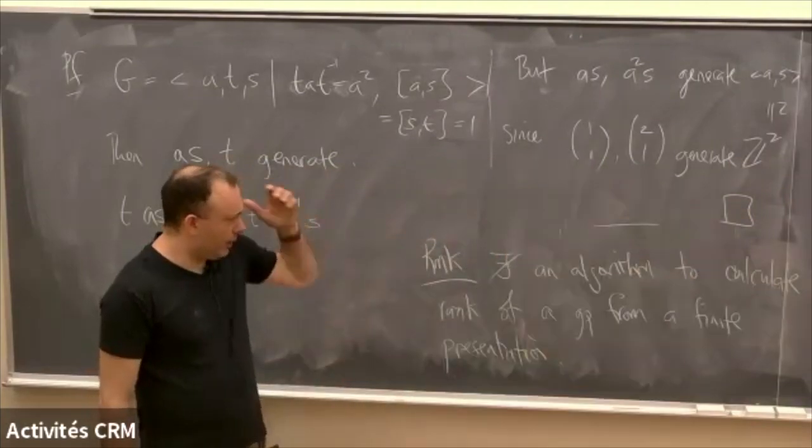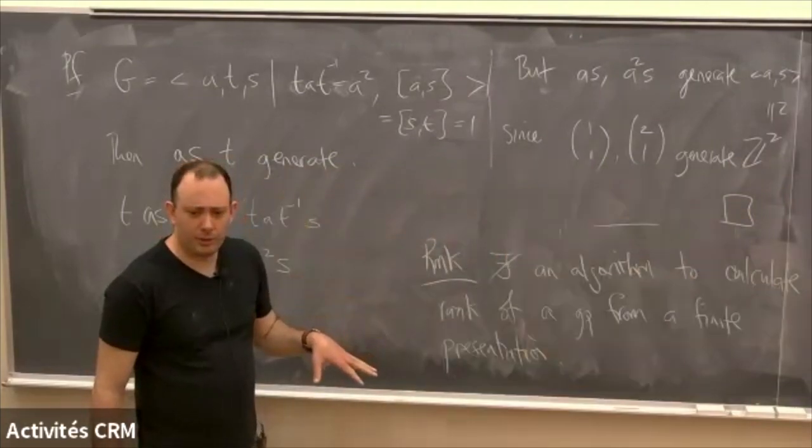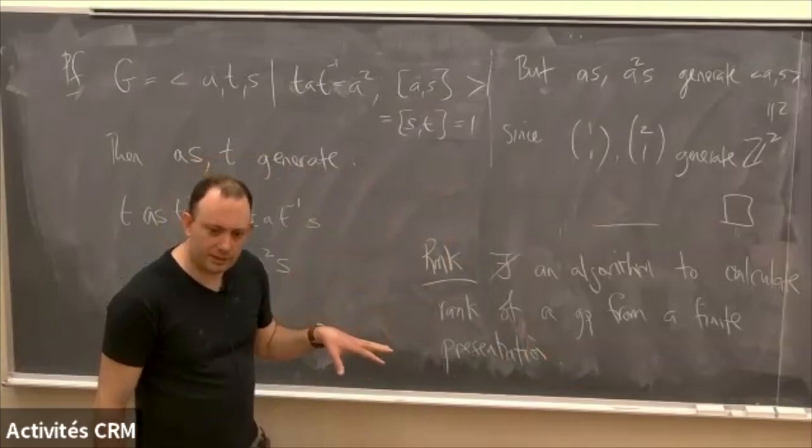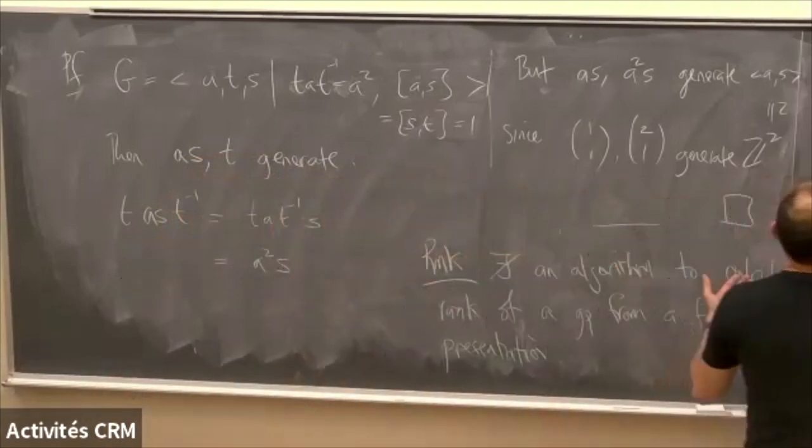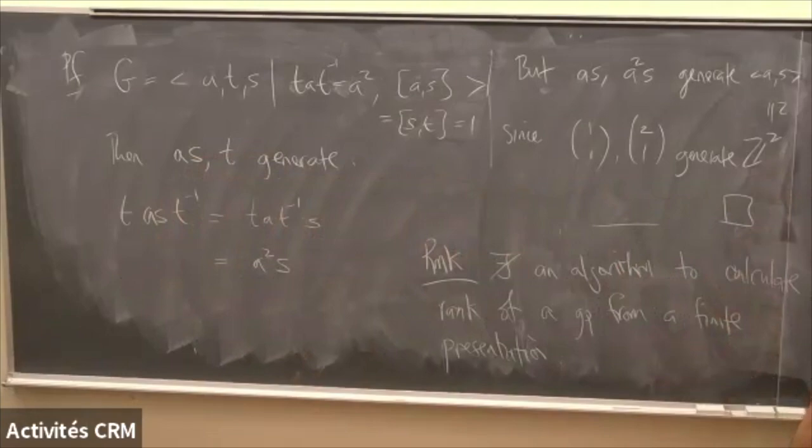If you know anything about algorithmic problems in group theory, this is not a surprise, because there's this theorem of Adian and Rabin from the 50s that says there's no algorithm to check whether a group is trivial. And trivial is the same as having rank 0.